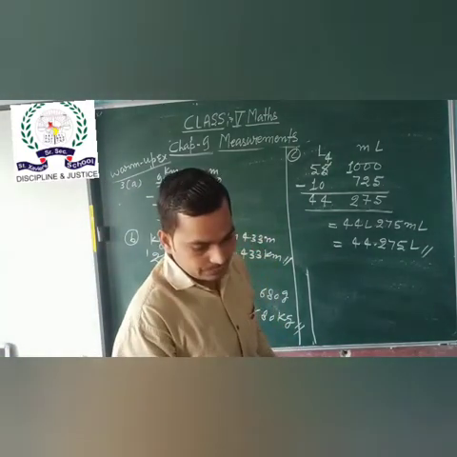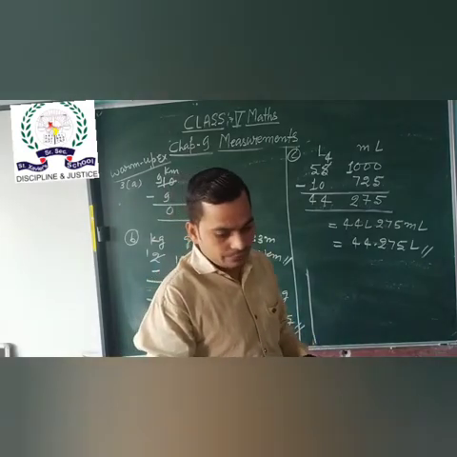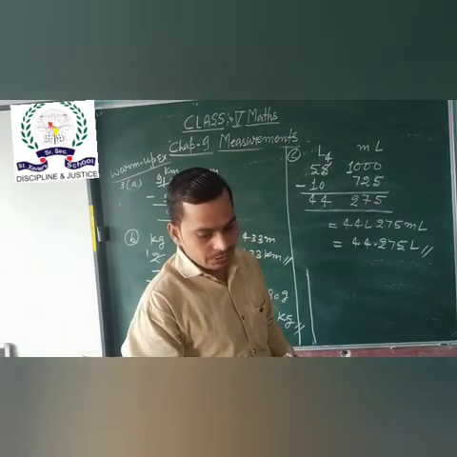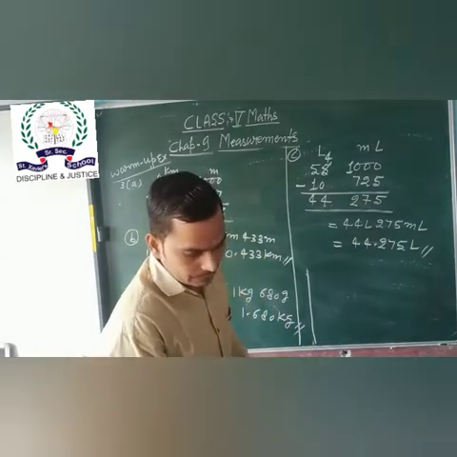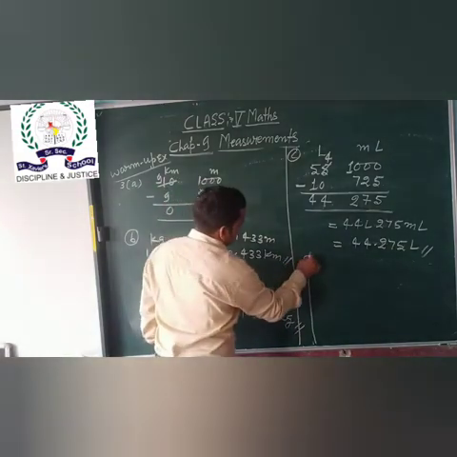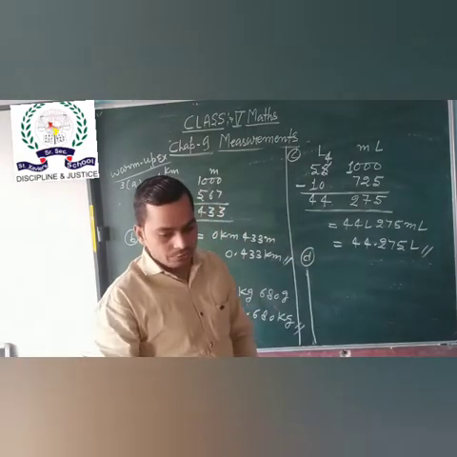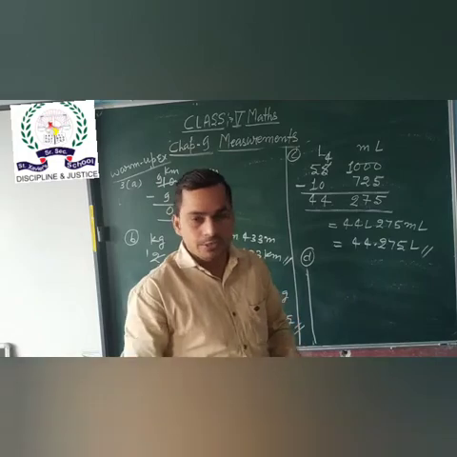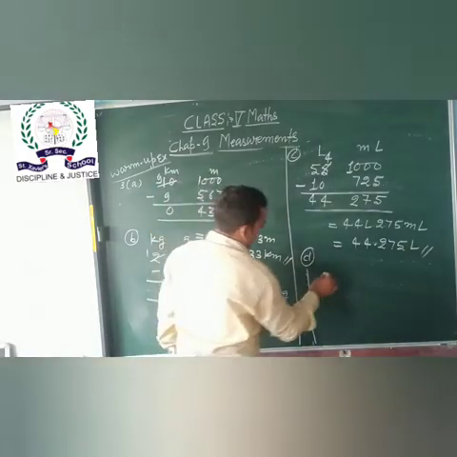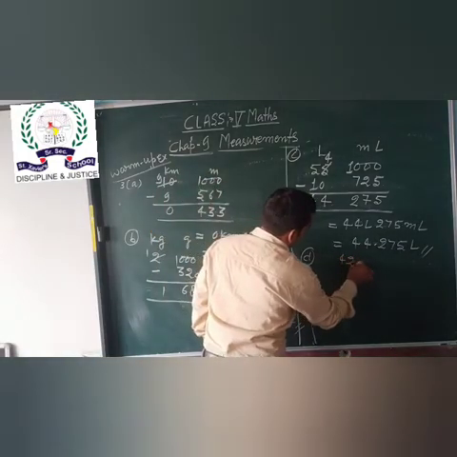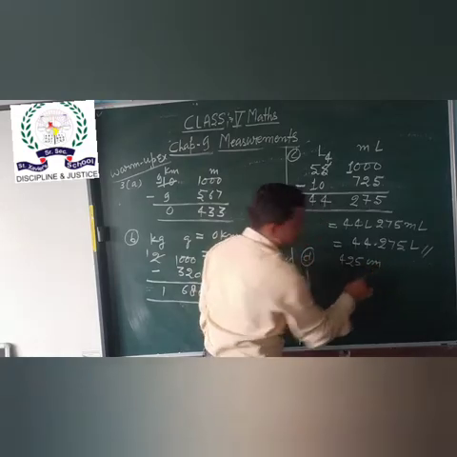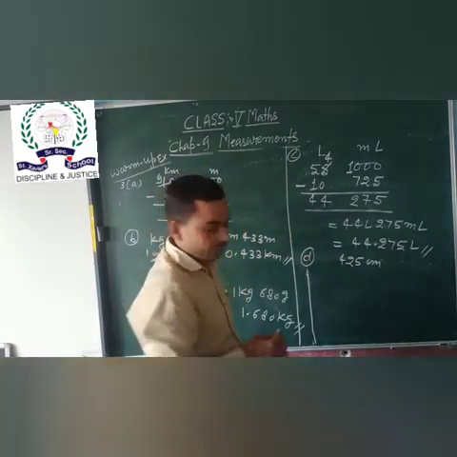Next, the sum of this and this, from this. So first we have to find the sum of 425 centimeter and 950 centimeter.